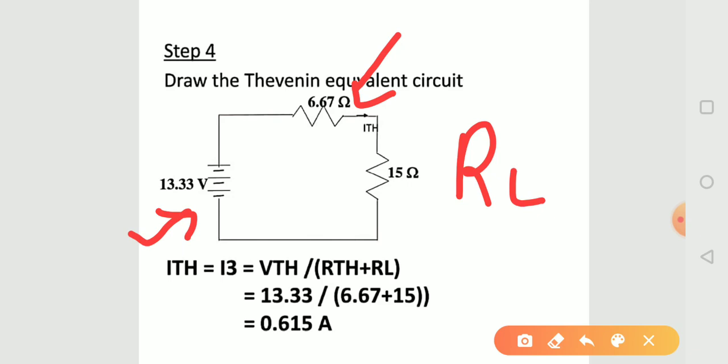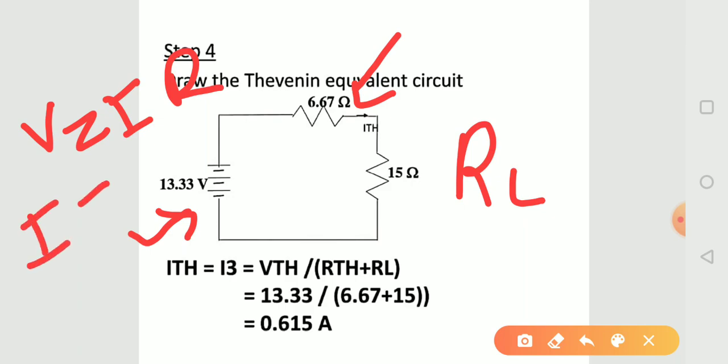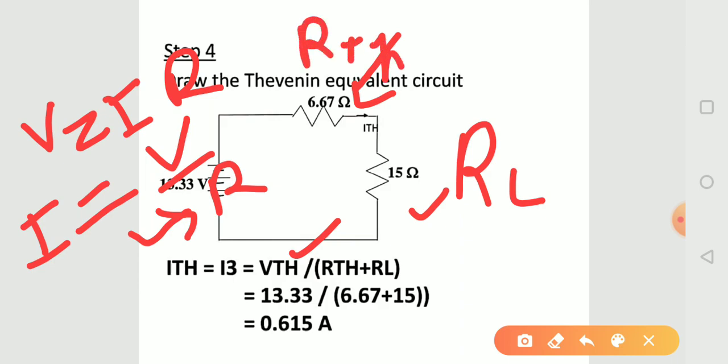So we know that V is equal to I into R, so I equal to V over R. Here the voltage VTH is 13.33 upon R. The load resistance is in series with RTH, means Thevenin's resistance.